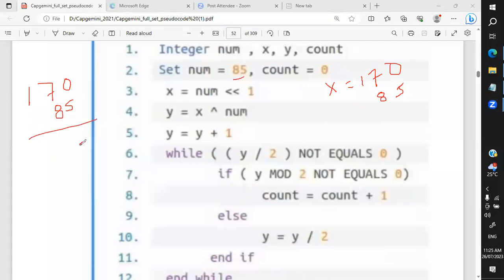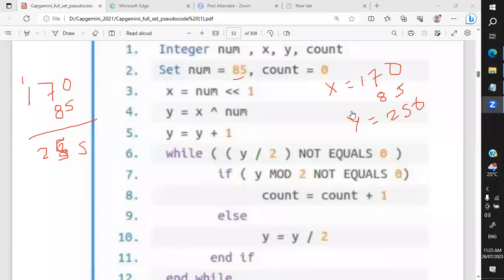It will be 255. Then y equals y plus 1. Y was 255, so y plus 1 is 256. The value we get is 256.